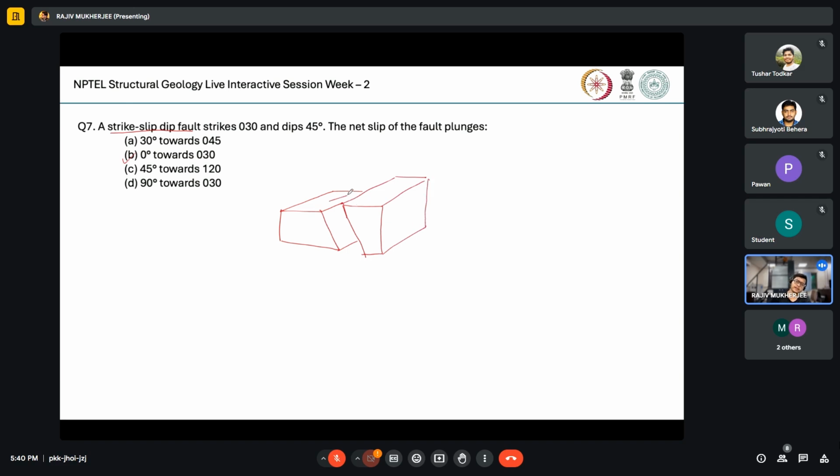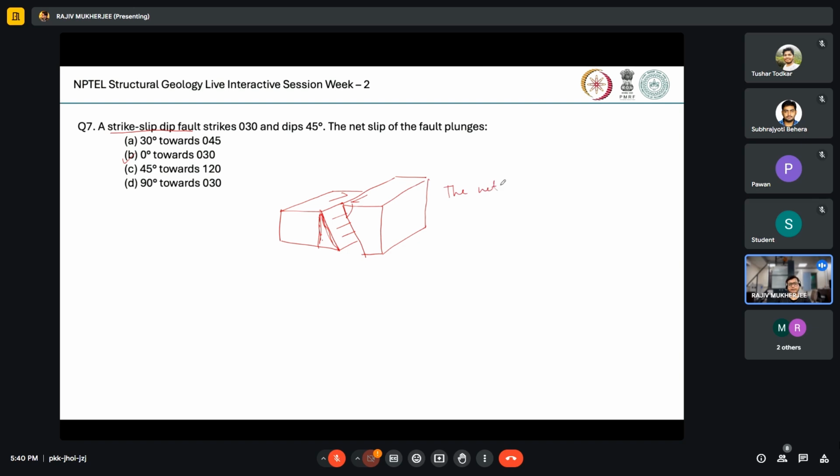So this is the movement. So for any kind of strike slip fault, whatever kind of fault it may be, if the fault surface is vertical, then we simply say it is a strike slip fault. But if the dip is anywhere between 0 and 90 degrees, we generally call it a strike slip dip fault.